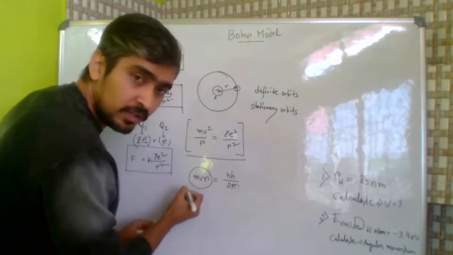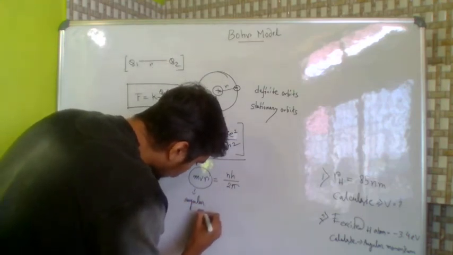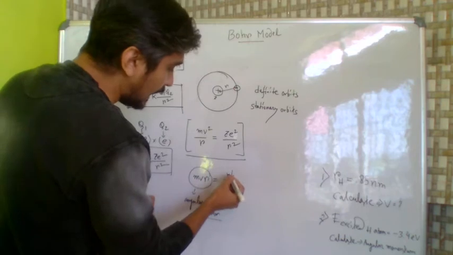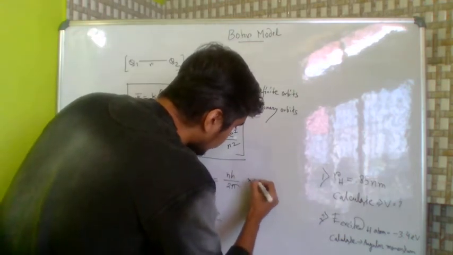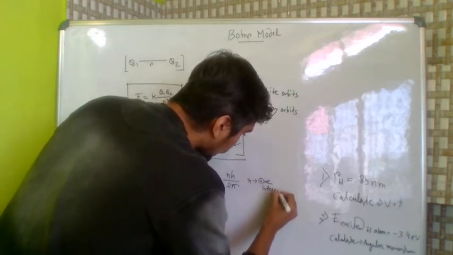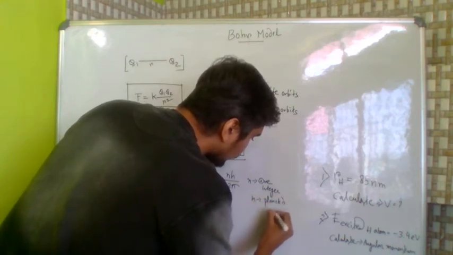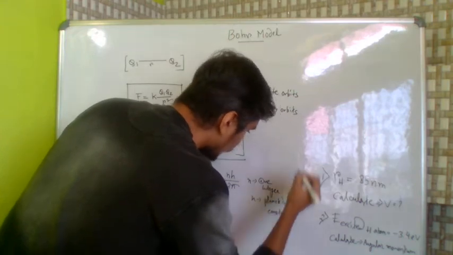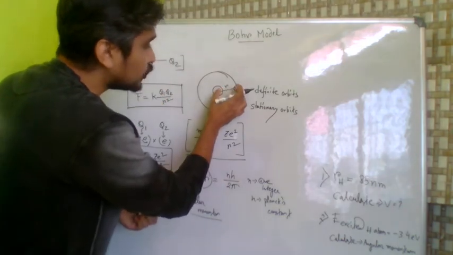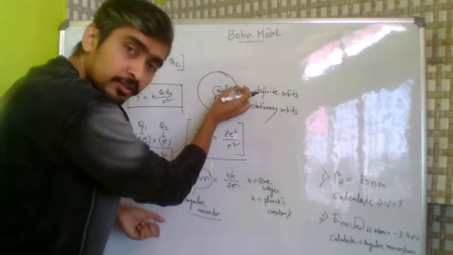This mvr quantity is the angular momentum of the electron revolving in the orbit. n is a positive integer, h is Planck's constant, v is the linear velocity, r is the distance between the nucleus and the electron, and m is the mass of the electron.